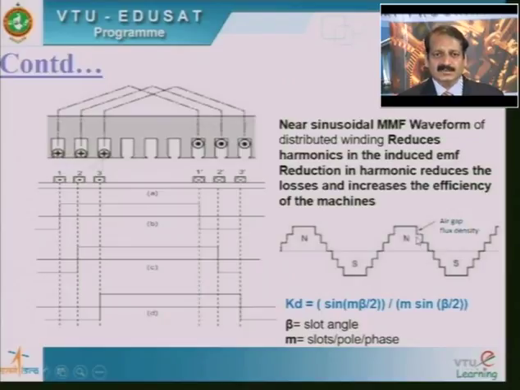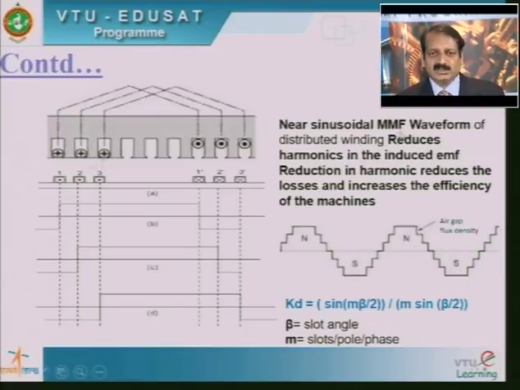The air gap flux density is very near to sinusoidal, and we know that if the air gap flux density approaches sinusoidal, the induced EMF will also have a sinusoidal variation with lesser and lesser harmonics. So if you distribute the winding into more number of slots, we will get almost sinusoidal distribution, and hence the distributed coils will reduce the harmonic content in the induced EMF.